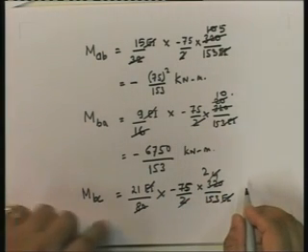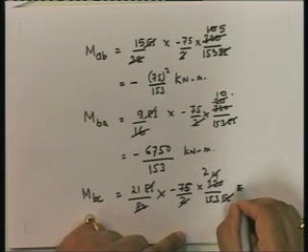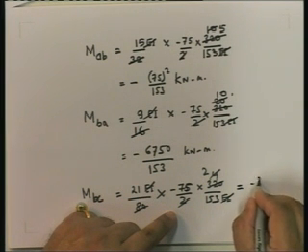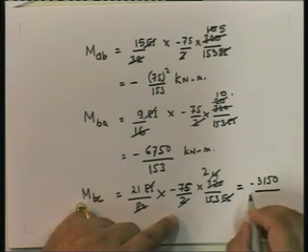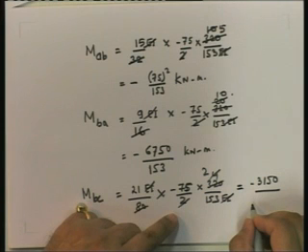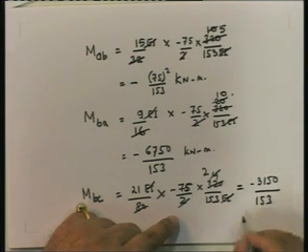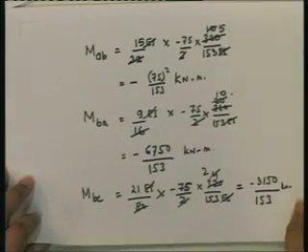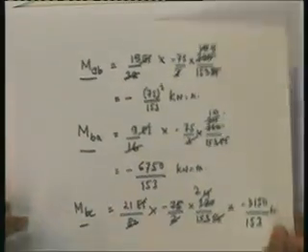So what we have is 1575 into 2, which is equal to 3150 upon 153 kilonewton meter. So therefore, these are my MAB, MBA and MBC.